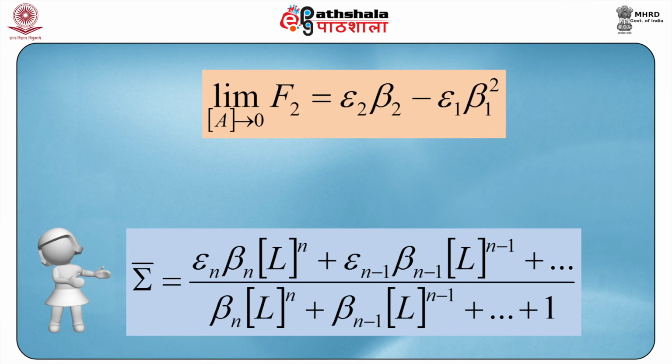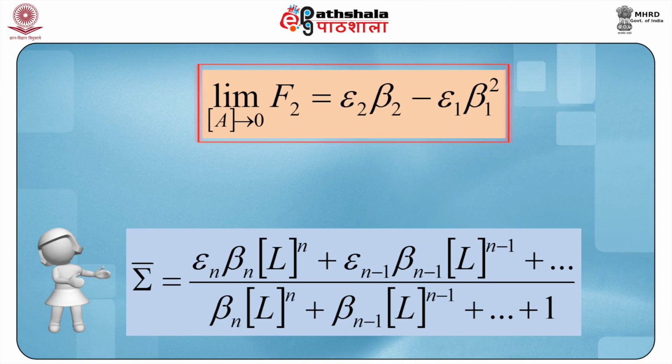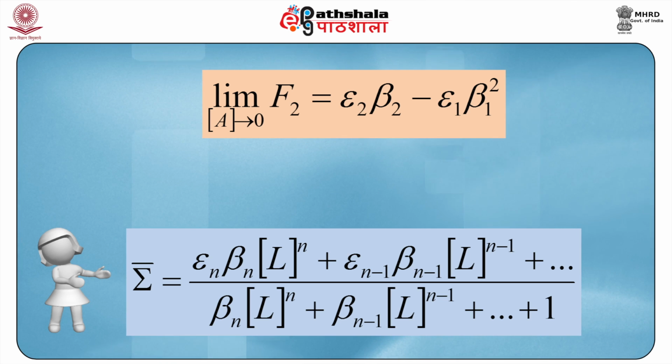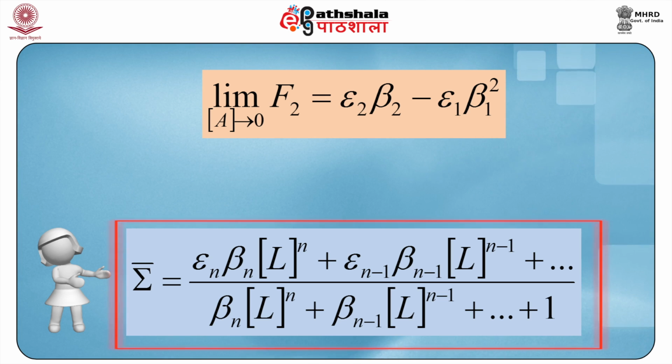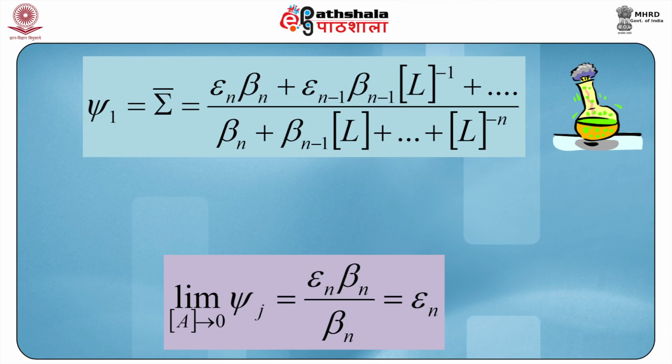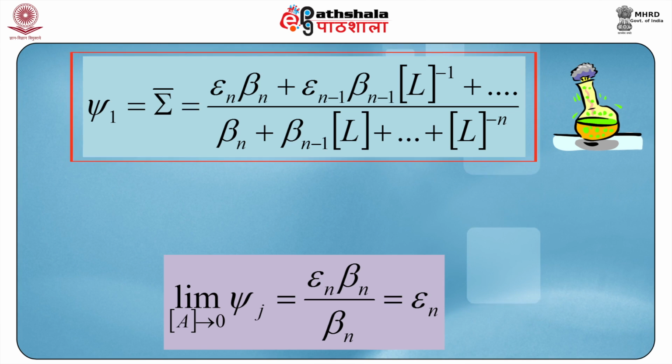Applying the limit when concentration of A approaches 0 to function f2, it is represented by this equation: limit as concentration A approaches 0, f2 is equal to epsilon 2 beta 2 minus epsilon 1 beta 1 square. Now, considering the reverse of it, which is represented as summation bar, it is shown by this equation. Dividing this equation by L raised to the power n, we arrive at a function represented as psi 1.